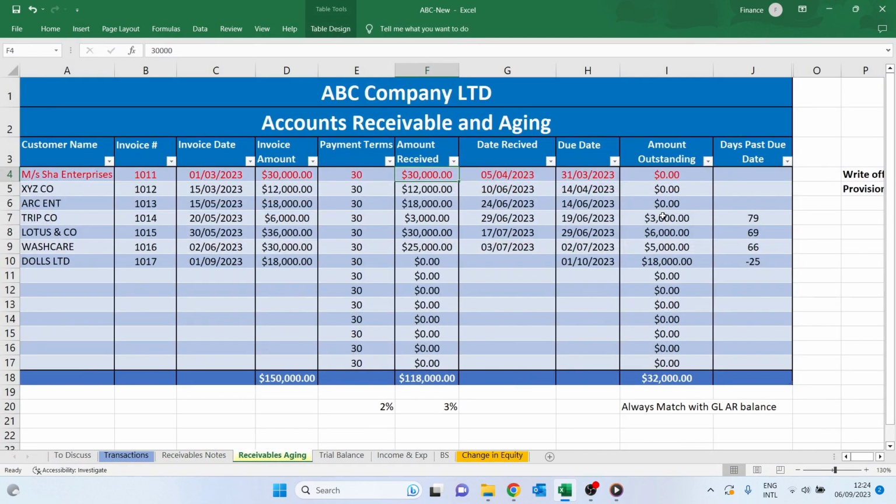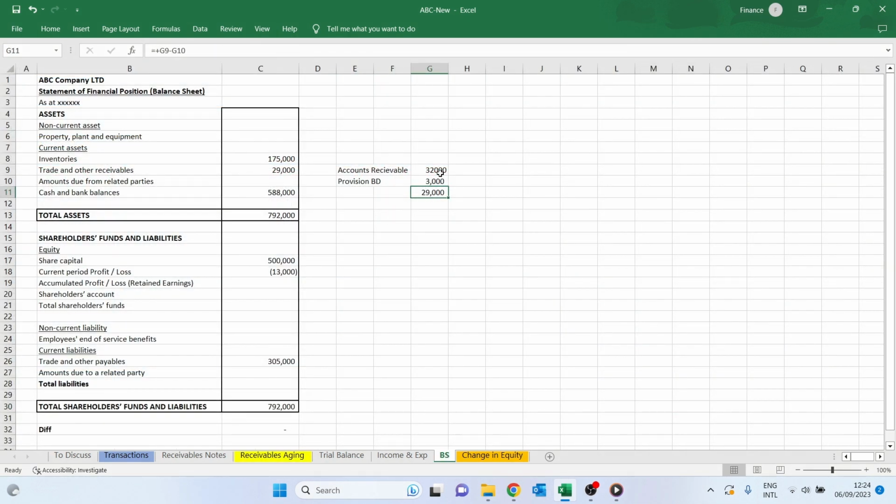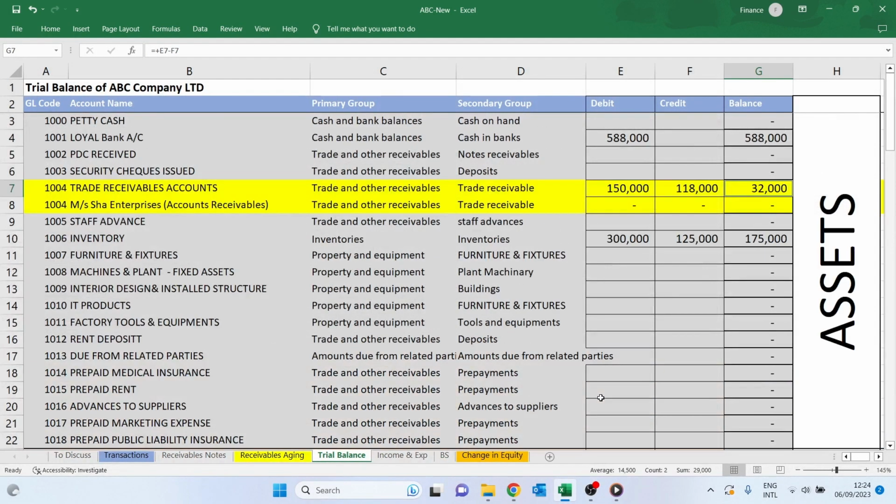Okay. Now, this 32,000 is our outstanding accounts receivable now. This amount always matches with our general ledger accounts receivable balance, not the net of amount. I mean, not the 29,000 net of amount, but the 32,000. In trial balance, you check what is our actual trade receivables balance.